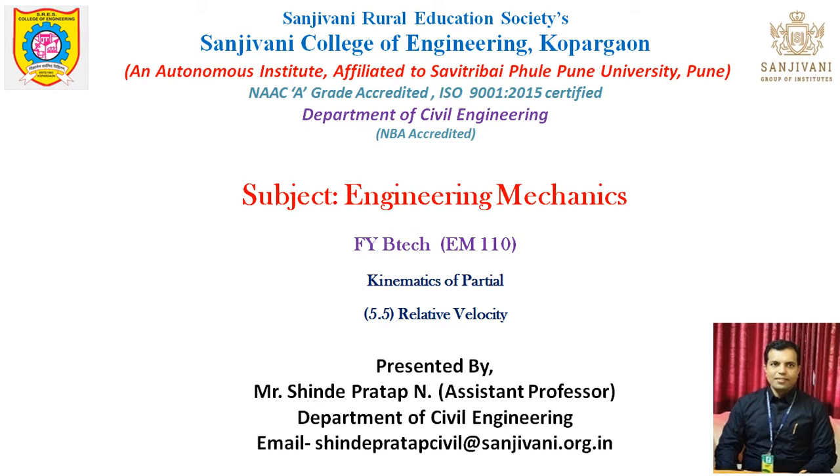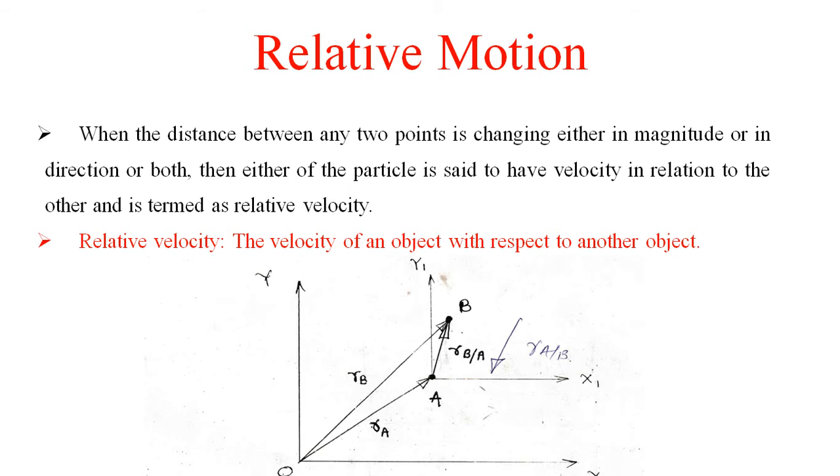The word itself indicates that relative velocity is the velocity with reference to some other object. So when we say that a car has a velocity of 40 kilometers per hour or 20 meters per second, we are saying that it is the velocity with reference to the earth.